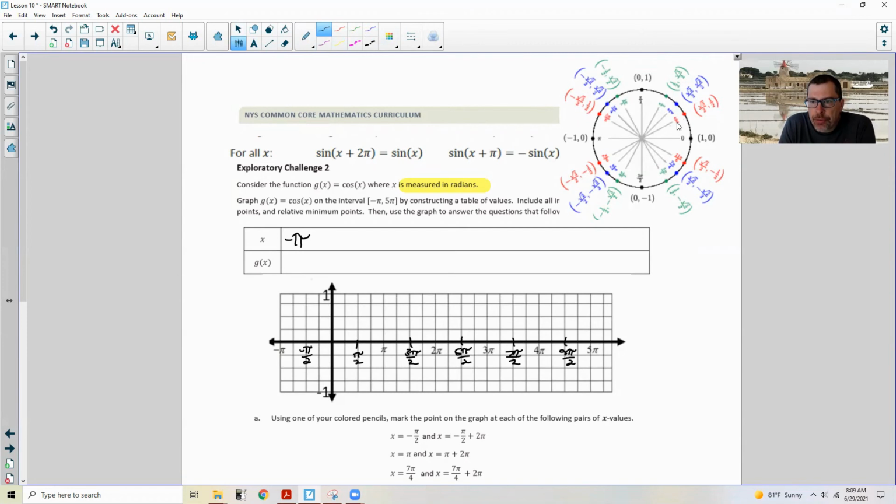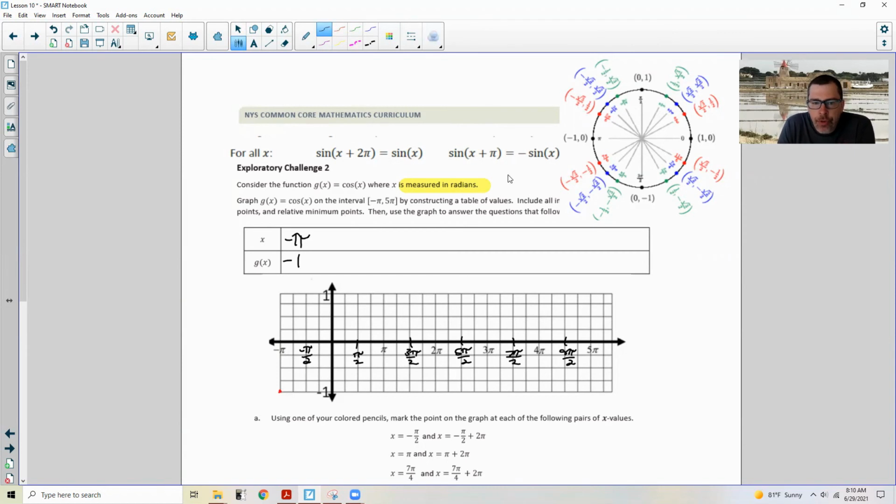We're talking radians, which 30 degrees is pi over 6 in radians, and you get a cosine comma sine all the way around. All right, so negative pi would be going in the clockwise direction around until I get to pi. And I'm doing cosine now, and the cosine of negative pi is negative 1. So I'll plot that point. Negative pi is negative 1.